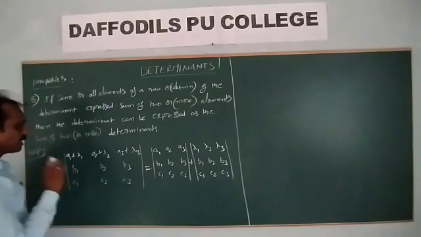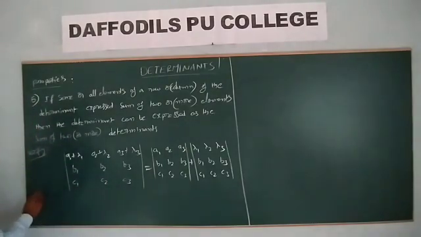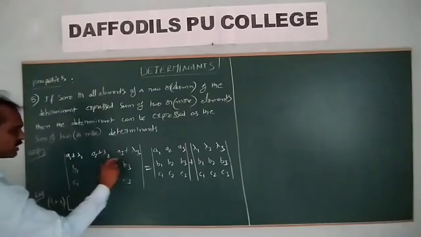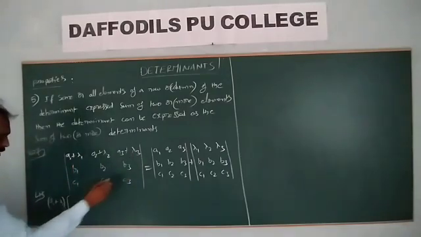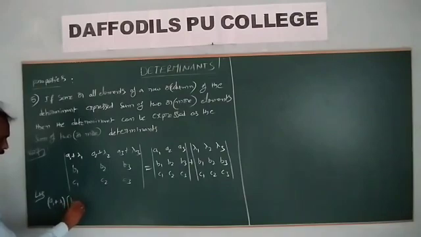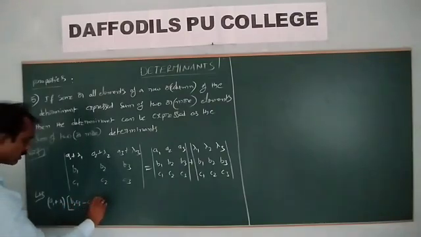First of all, take the LHS determinant. What is the determinant? A1 plus lambda 1, of deleting this row and this column, remaining value B2 C3 minus C2 B3.